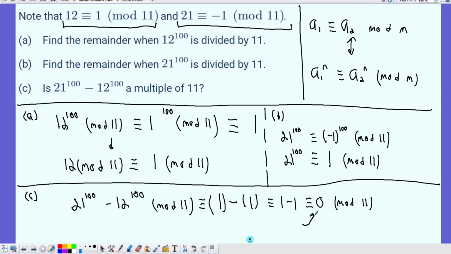So, yes, is our answer. Yes, it's a multiple of 11. Because it has a remainder of 0 after that subtraction.